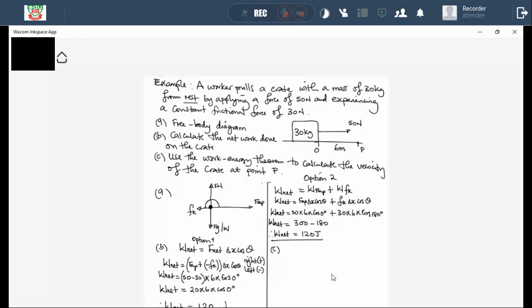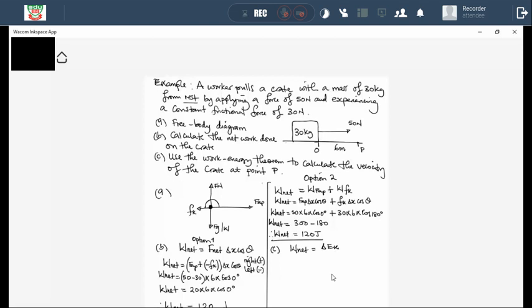So the first thing we need is to state our work energy theorem. Normally in an exam, they request you to state the work energy theorem in words. So you must know it: the net work done on an object is equal to the change in the object's kinetic energy. Let me write the work energy theorem, which says W net is equal to delta EK.